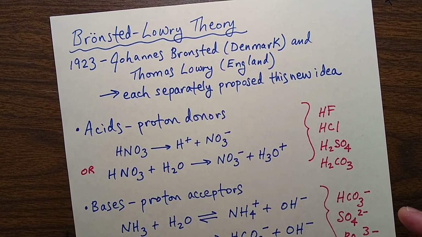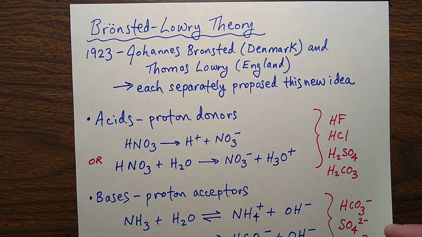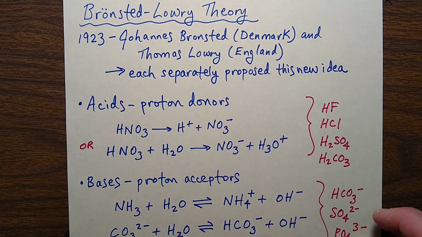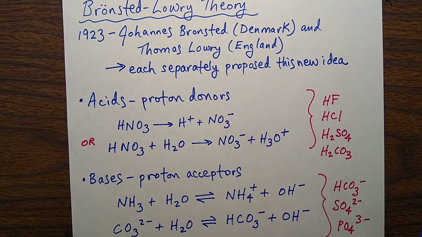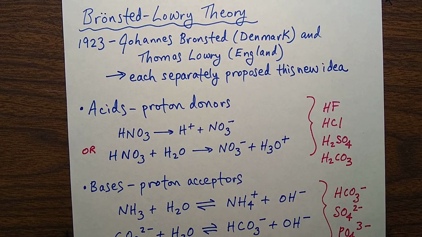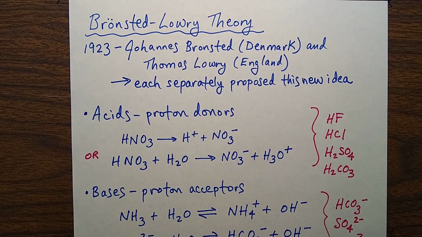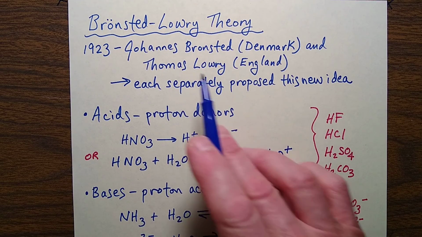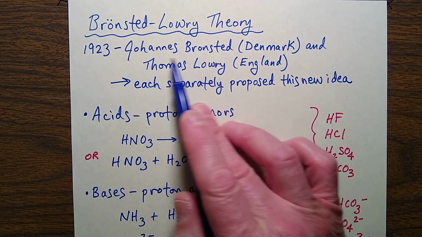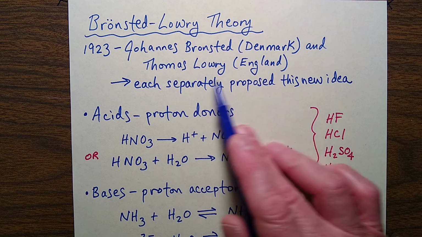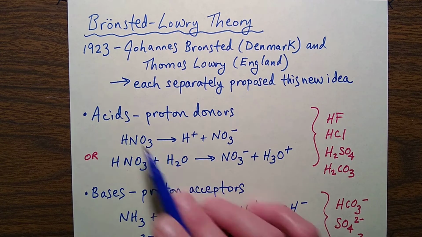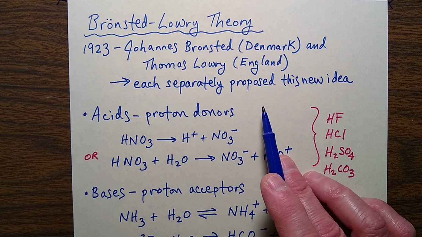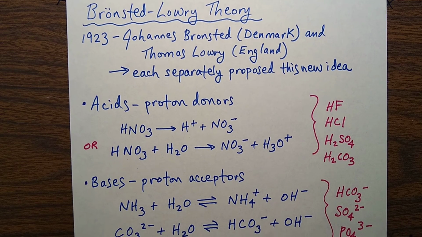The Bronsted-Lowry definition was proposed in 1923 independently by two different scientists. That's why it has that dashed name. Johannes Bronsted was in Denmark and Thomas Lowry was in England. In the year 1923, they both proposed this new idea of what acids and bases are.